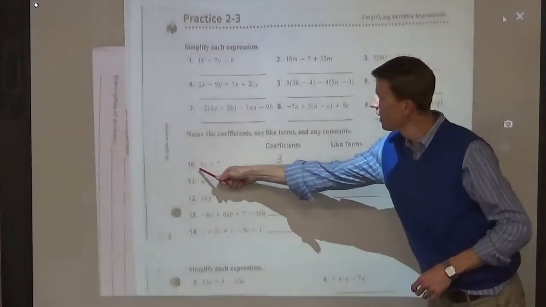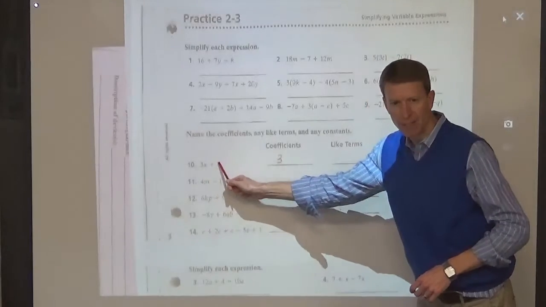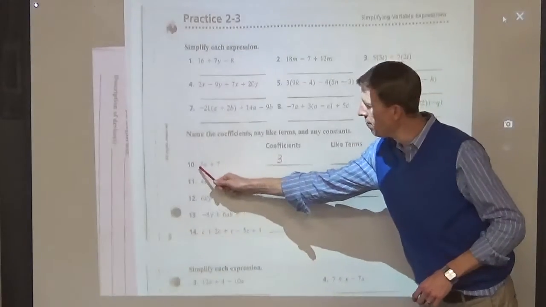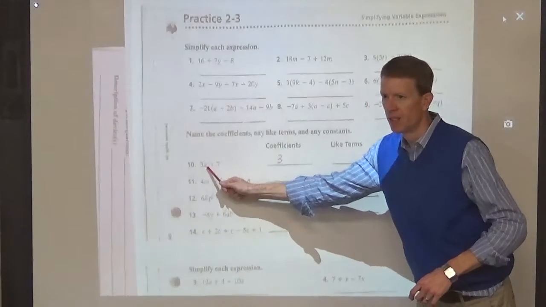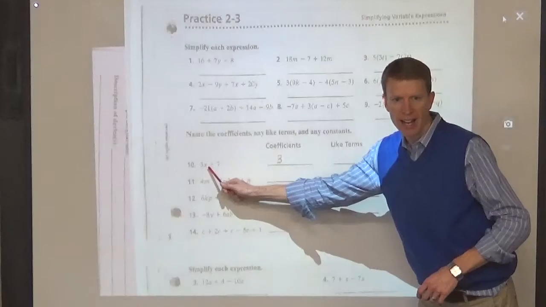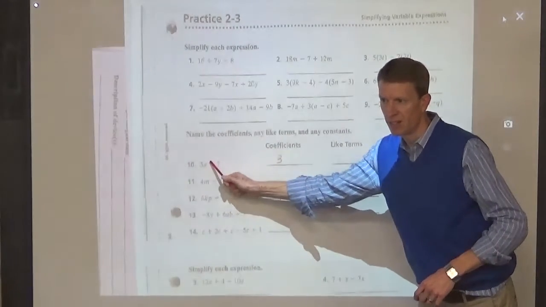There's 1 in this expression. In the expression 3x plus 7, there's one variable term. 3x is a variable term, and its coefficient is 3.